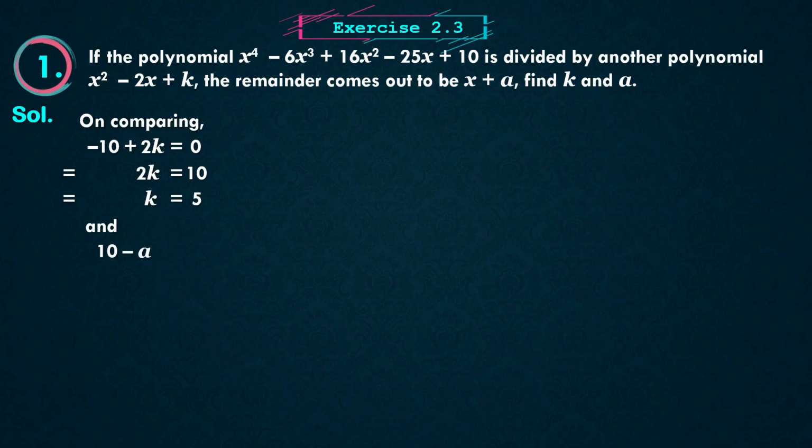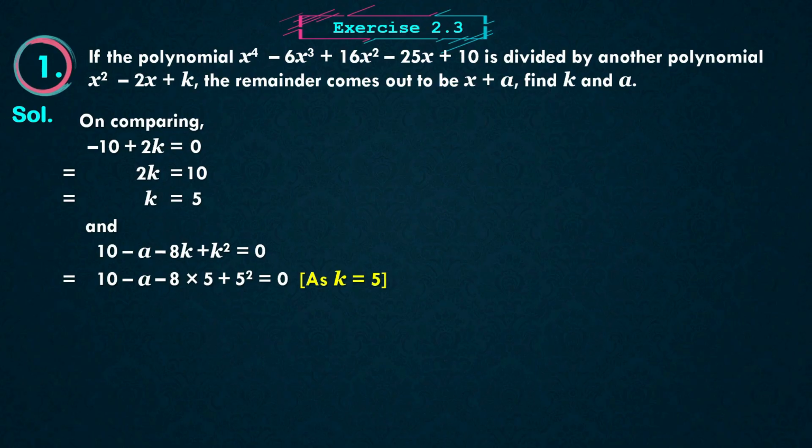Now we substitute k = 5 into the next equation. The equation is 10 - a - 8k + k^2 = 0. Substitute k = 5. So the expression becomes 10 - a - 8 x 5 + 5^2 = 0.